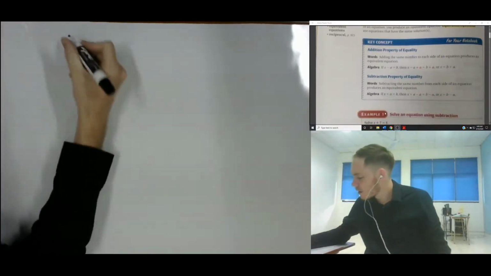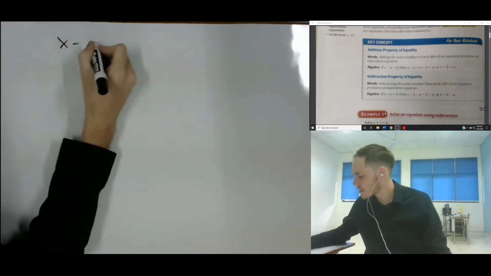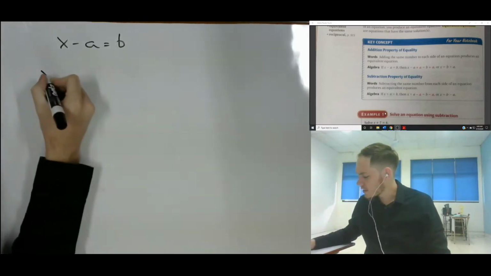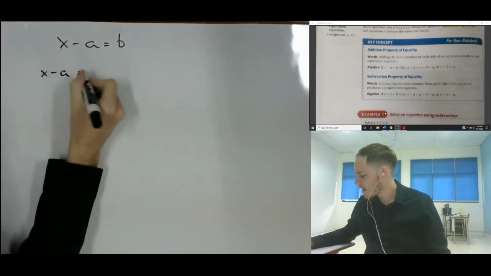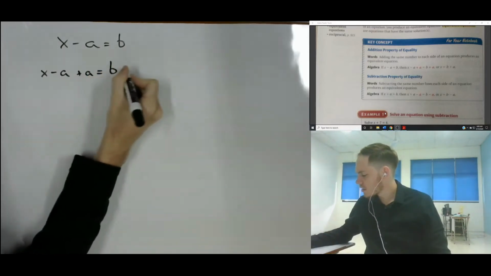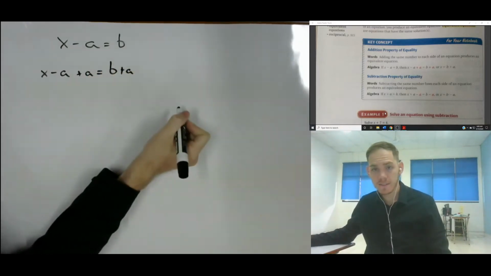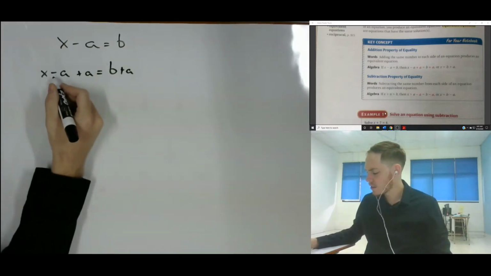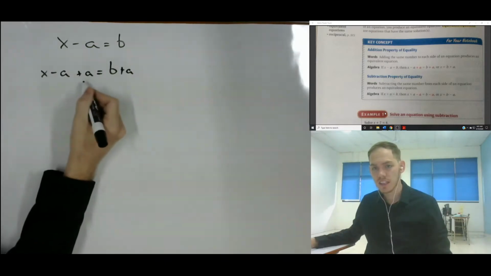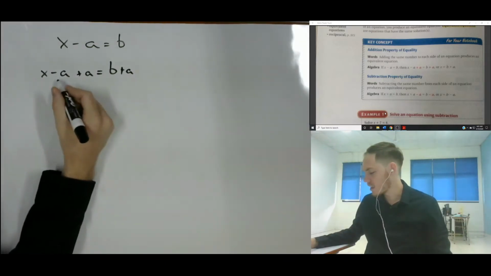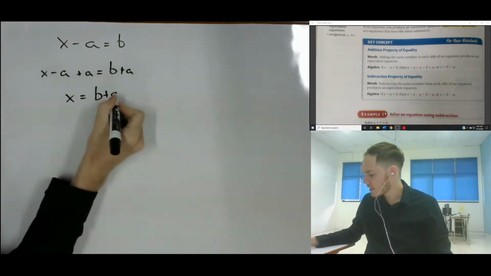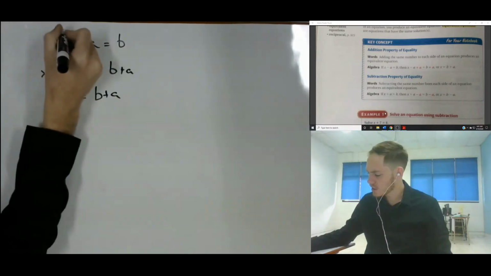Addition property of equality. Basically, if you have x minus a equals b, then if you add a to both sides, the equation is still equal. Negative a plus a is going to cancel because they are inverses. So then you're going to get x equals b plus a. So this is the addition property.